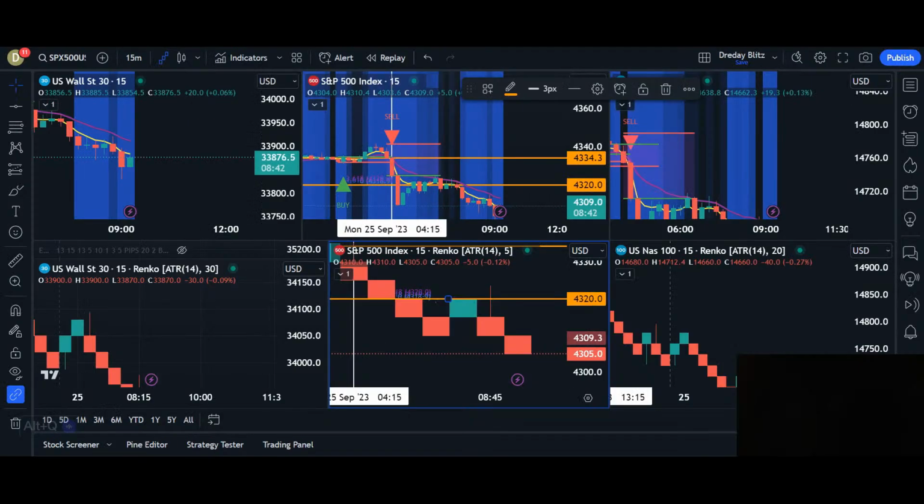So the reversal here is that, and that will be your take profit. Or if you look at the Renko bar on the higher time frame, you would still be in that trade until now. That's pretty much the way you use the Renko bars.